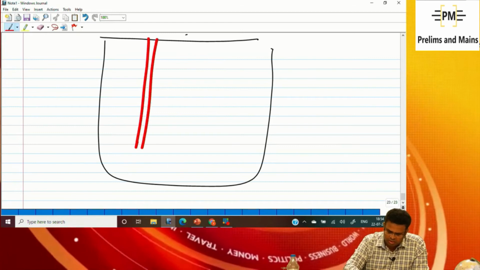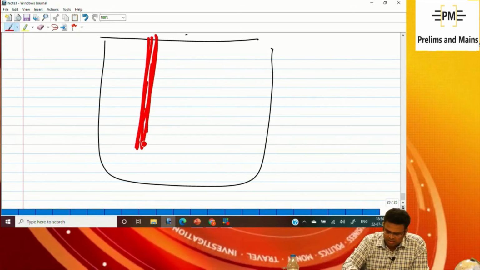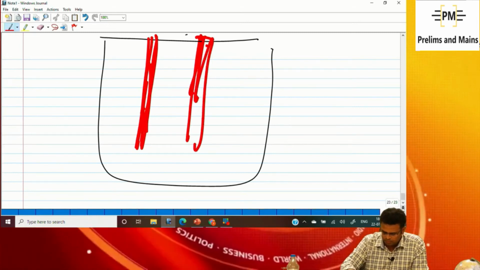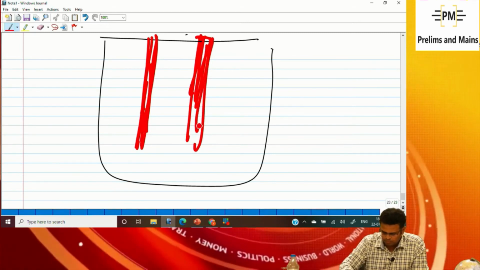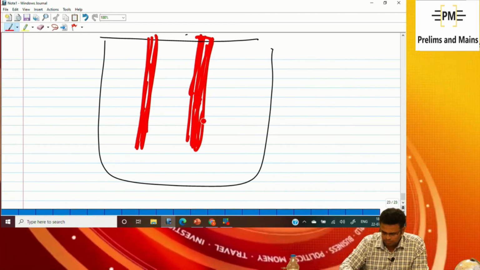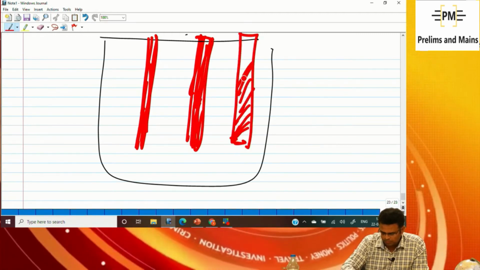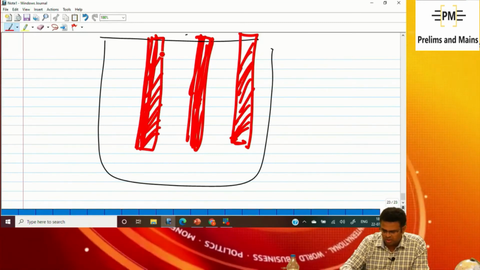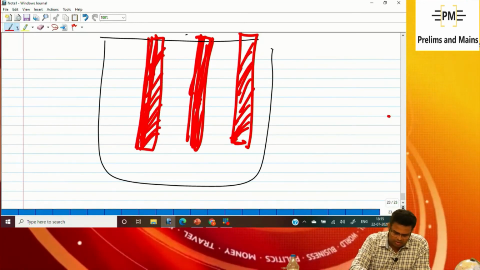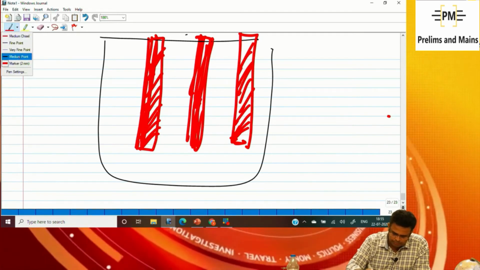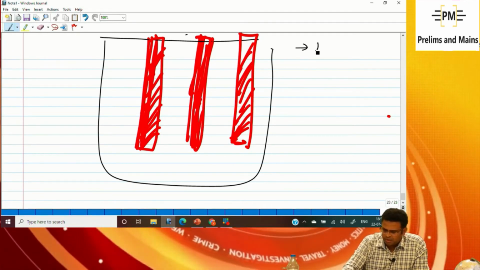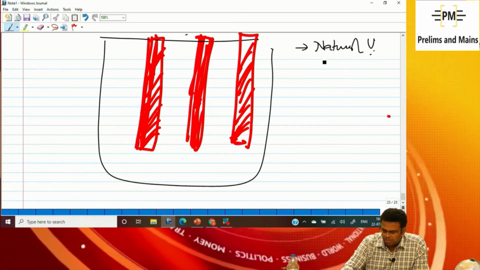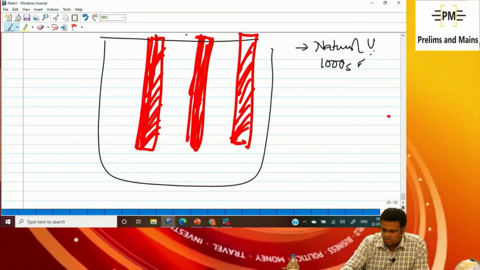India is using a large amount of natural uranium, thousands of rods of natural uranium.